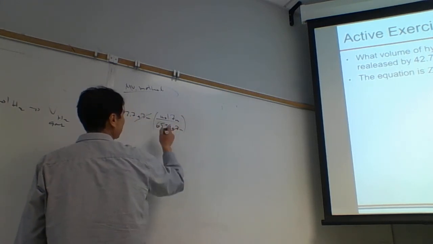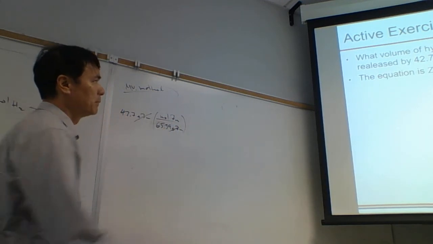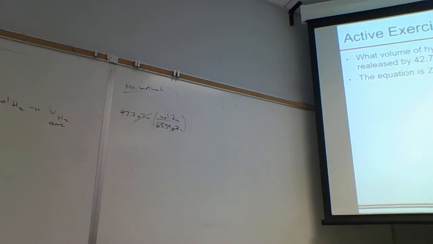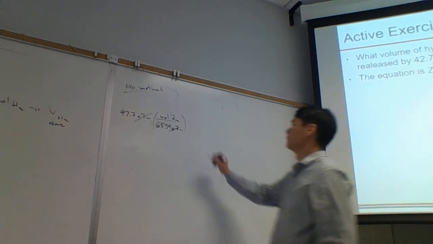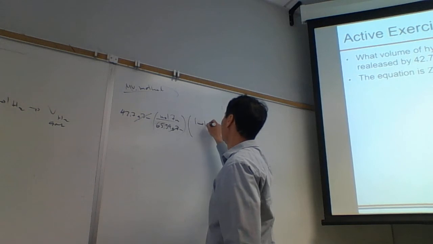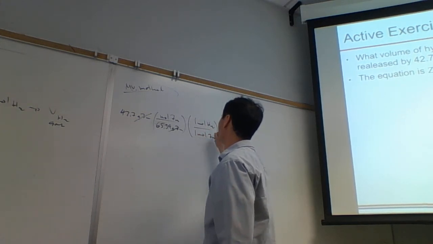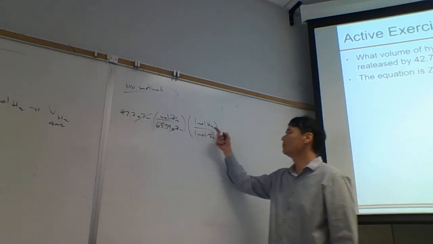Grams of zinc cancels, that leaves us with moles of zinc. Well, I can go from moles of zinc to moles of H2. It's a 1-to-1 mole ratio here. And so 1 mole of H2 is formed when 1 mole of zinc reacts. So moles of zinc cancels. That leaves me with moles of H2.